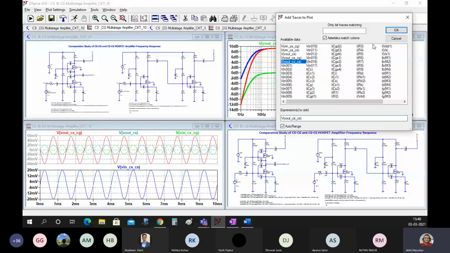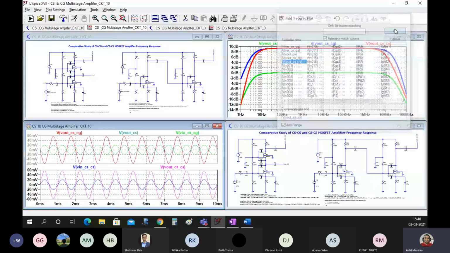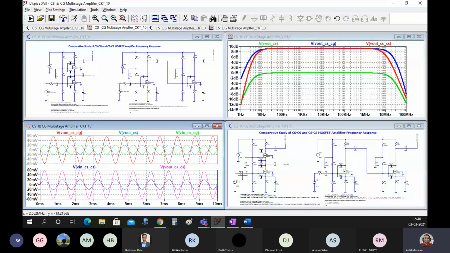Something very peculiar: in the CS amplifier, input and output are in phase, whereas in the CSCG amplifier, input and output are not in phase. They are 180 degrees out of phase.